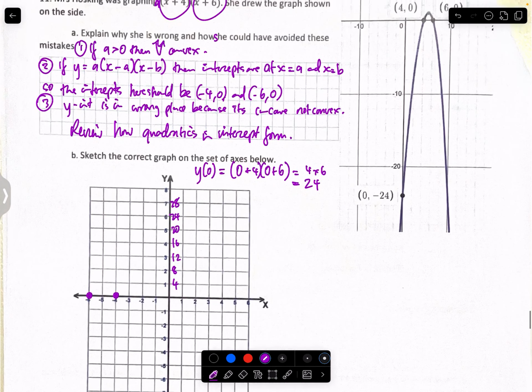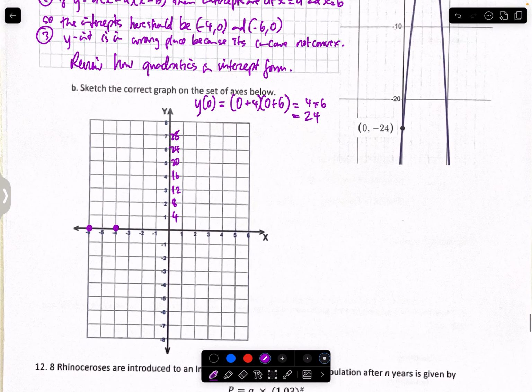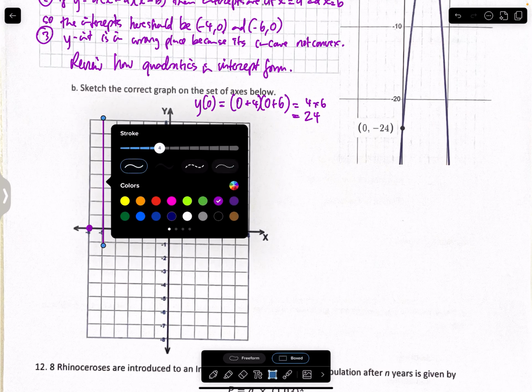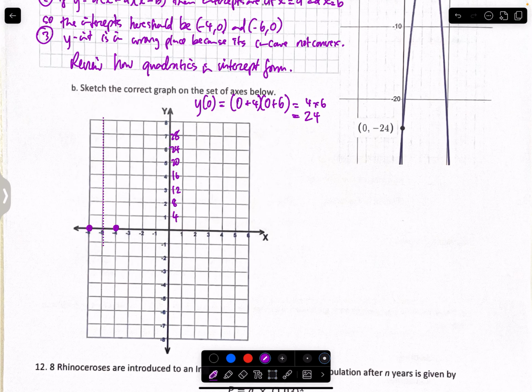The axis of symmetry is going to be at x equals -5. Substitute that in: y equals (-5 plus 4)(-5 plus 6). -5 plus 4 is -1, -5 plus 6 is 1.